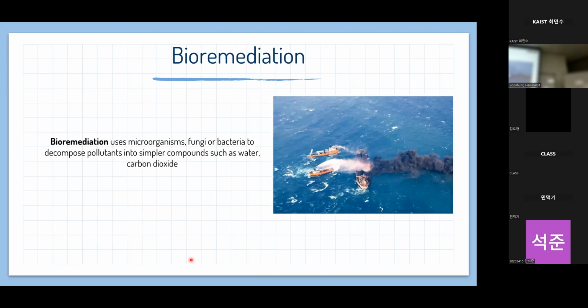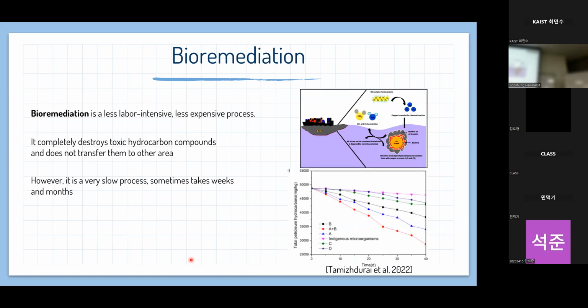Bioremediation uses microorganisms, fungi, or bacteria to decompose pollutants into simpler compounds such as water and CO2. Bioremediation is a less labor-intensive, less expensive process.